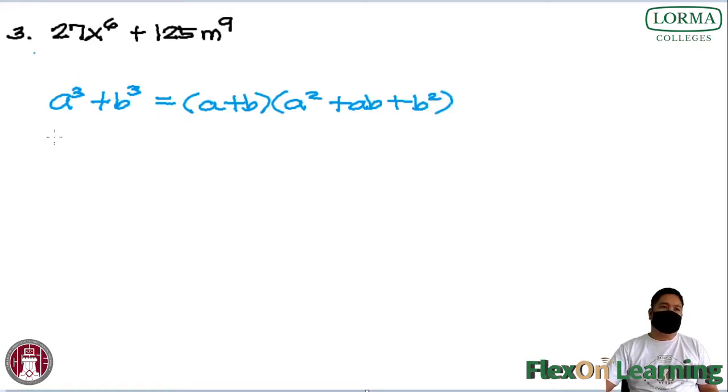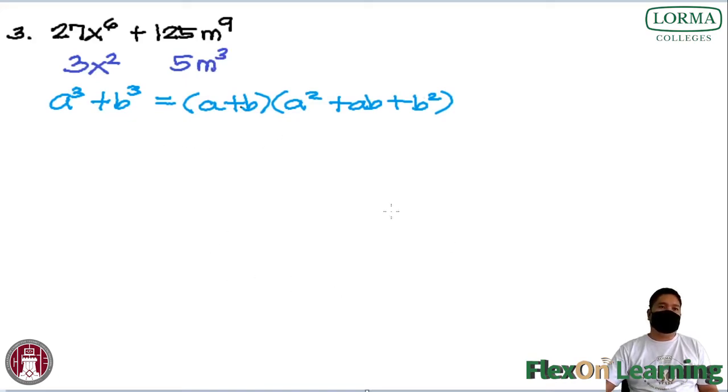Let's do that. The cube root of 27, you can use your calculator, is 3. Then we divide 6 by 3, so that's x squared. Then in the other part, we have 5 and m cubed.